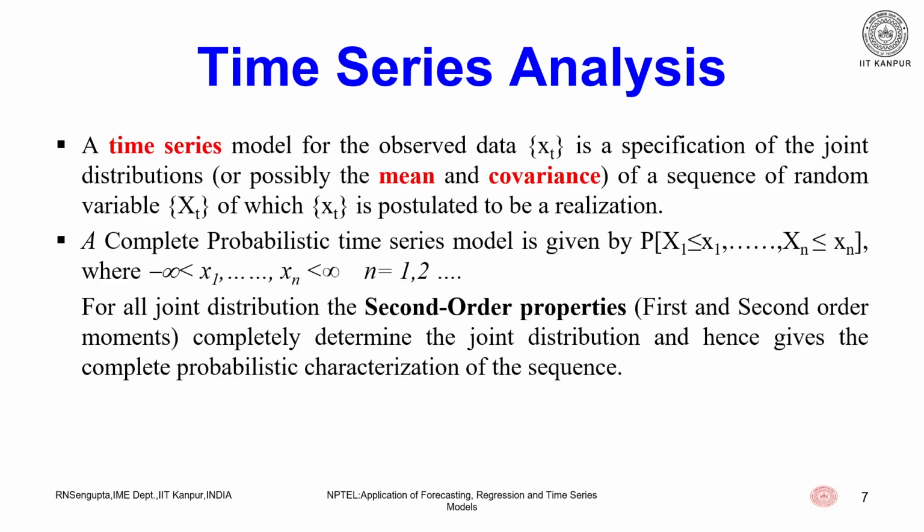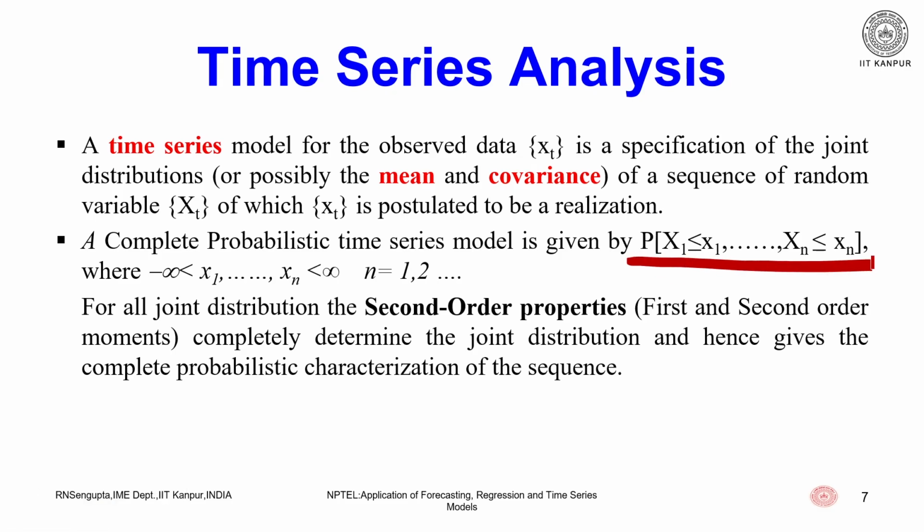What is important is that a complete probabilistic time series model would be given by this, where I am interested in finding the distribution function. So, this is the distribution function I am talking about.